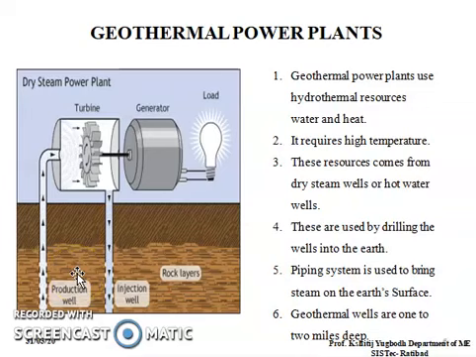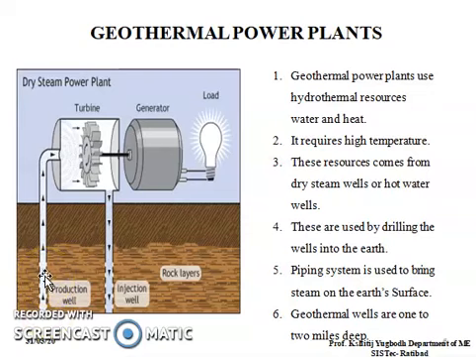These resources come from dry steam wells or hot water wells. These are used by drilling wells into the earth. The piping system, this is the piping system, is used to bring out the steam on the earth's surface.